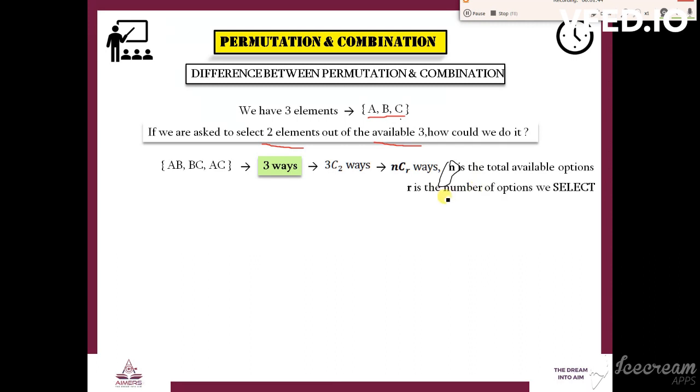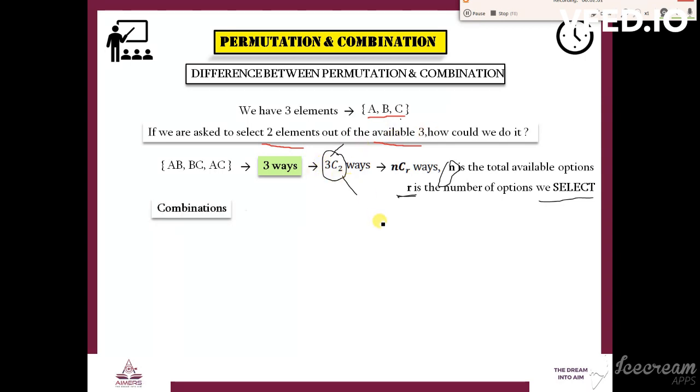Out of the available options, how many I am going to select is called the R value. In 3C2, the N value is three and the R value is two: out of three things I am going to select two things.